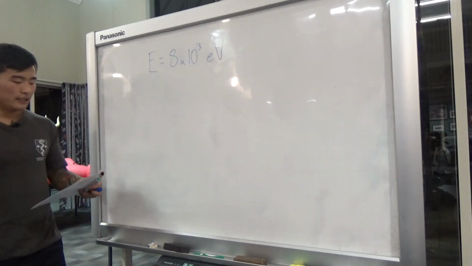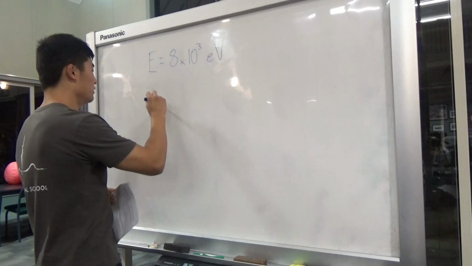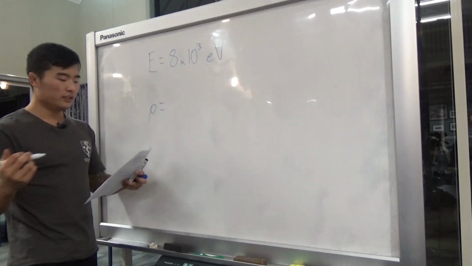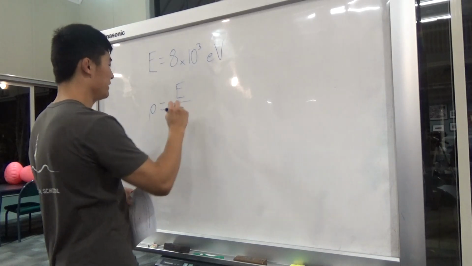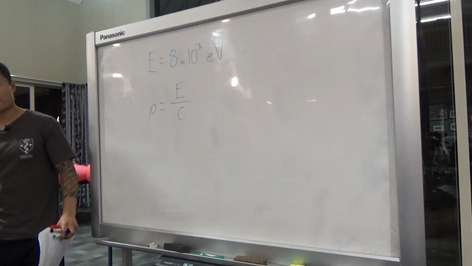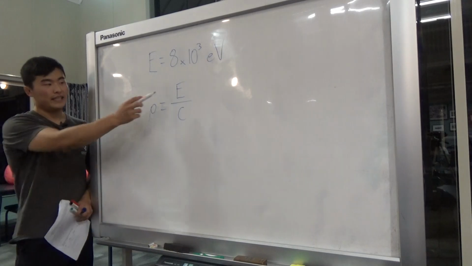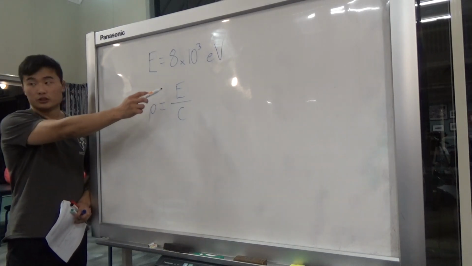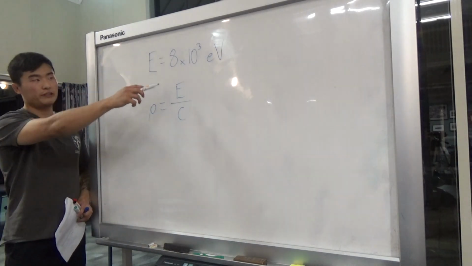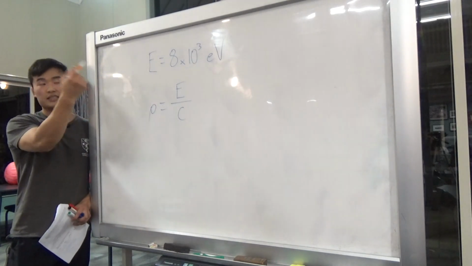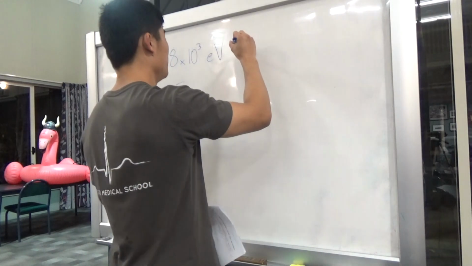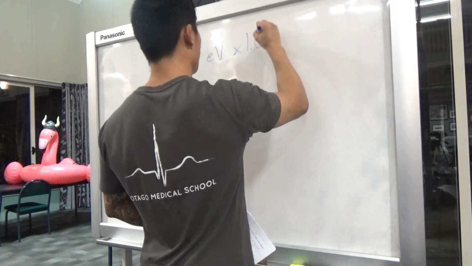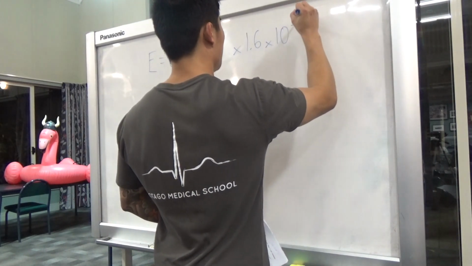Okay, so our equation for the momentum of a photon is equal to the energy divided by the speed of light, c. Okay, so this energy has to be in joules, not electron volts. So we need to convert electron volts into joules. So the way we're going to do that is to multiply it by 1.6 times 10 to the negative 19.